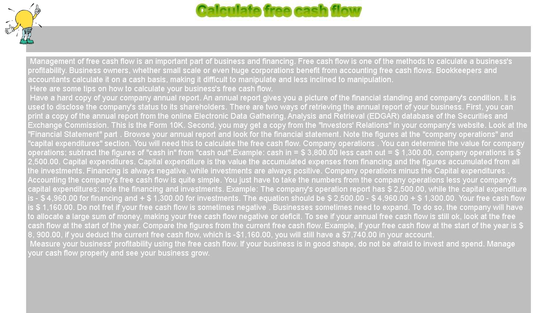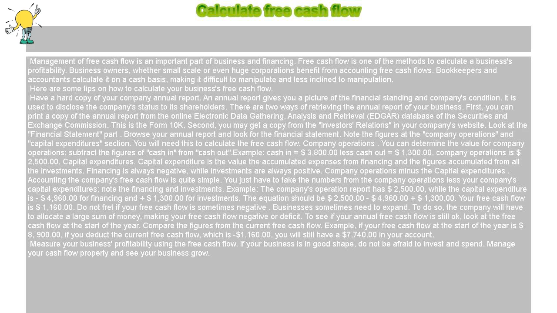Example: if your free cash flow at the start of the year is $8,900.00, if you deduct the current free cash flow, which is $1,160.00, you will still have $7,740 in your account.